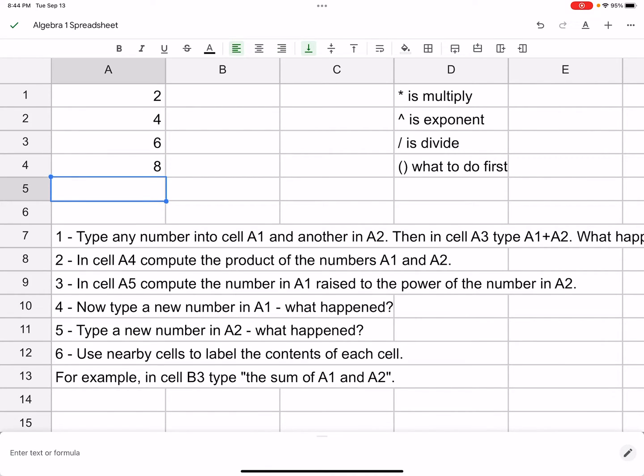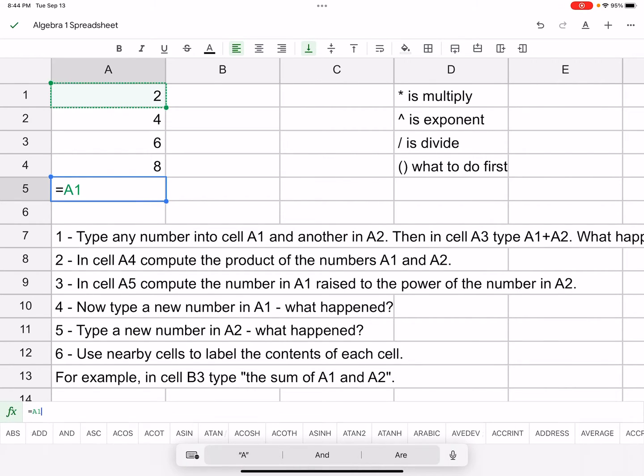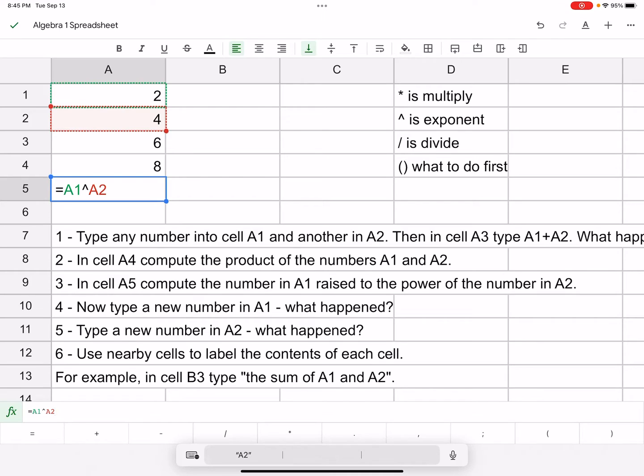In cell A5, compute the number A1 raised to the power of the number in A2. So it's going to be equal to A1 raised to whatever the value of A2 is, so the 4th. This is going to be 2 to the 4th power, or 2 times 2 times 2 times 2, which is 2 times 2 is 4, times 2 is 8, times 2 is 16. So when I hit enter, I expect to see 16.